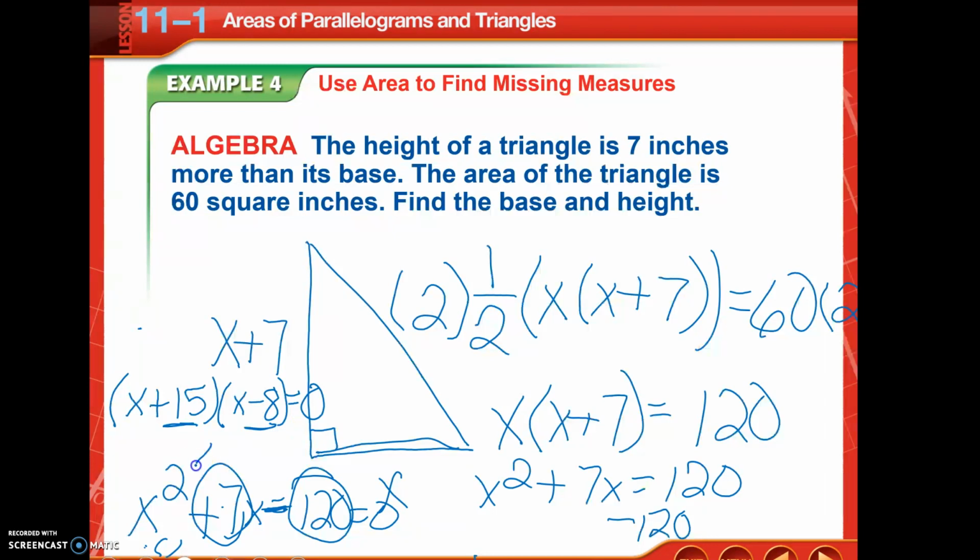So my x equals 8. So if my base equals 8, my height equals 8 plus 7, or 15. And I can check that 8 times 15 divided by 2 is 60.